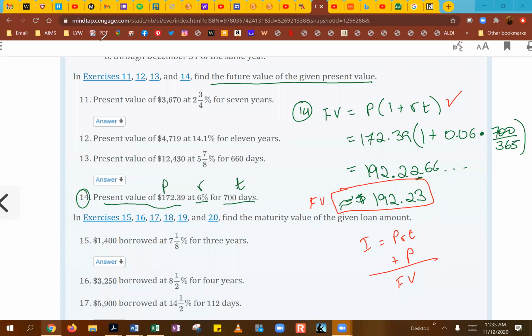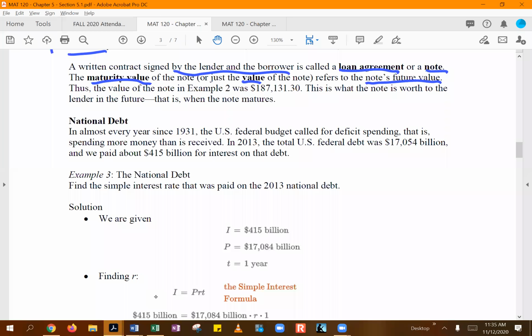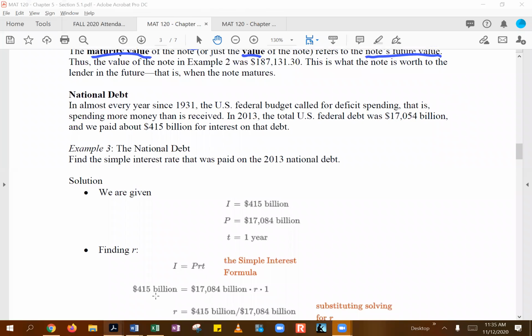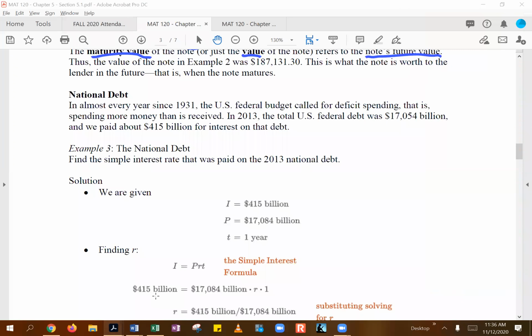Alrighty. So these were just basic examples to kind of get us thinking about how these different calculations would work out. Now, let's take a look at this next example here. So we're actually talking about the US national debt, and it's definitely increased from the number you're seeing here in this example.